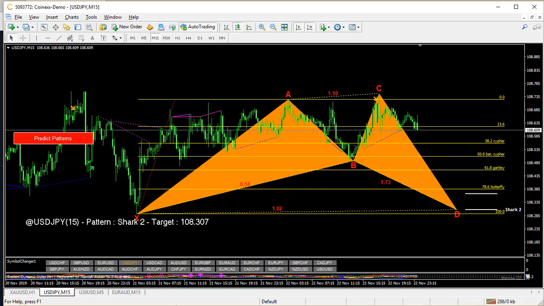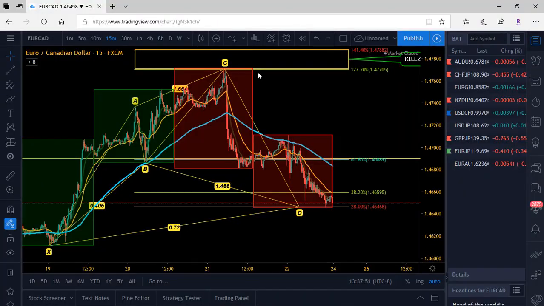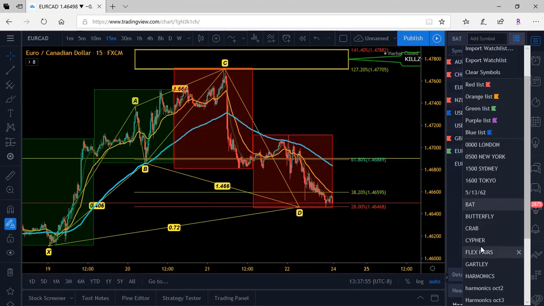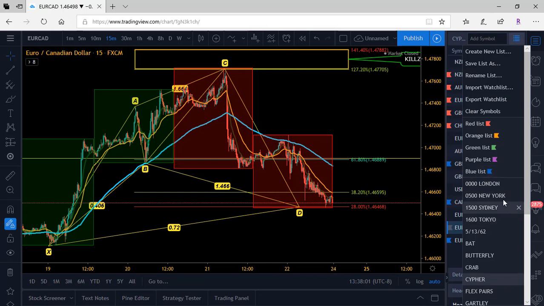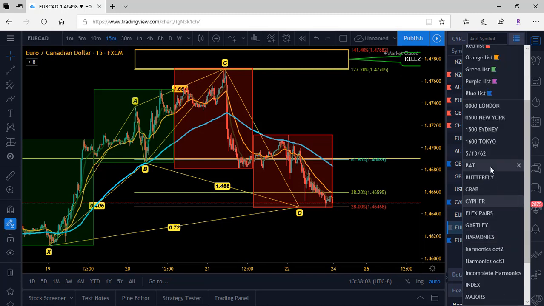I then go to TradingView and choose my Cipher category. I categorize the groups into their respective harmonic patterns.